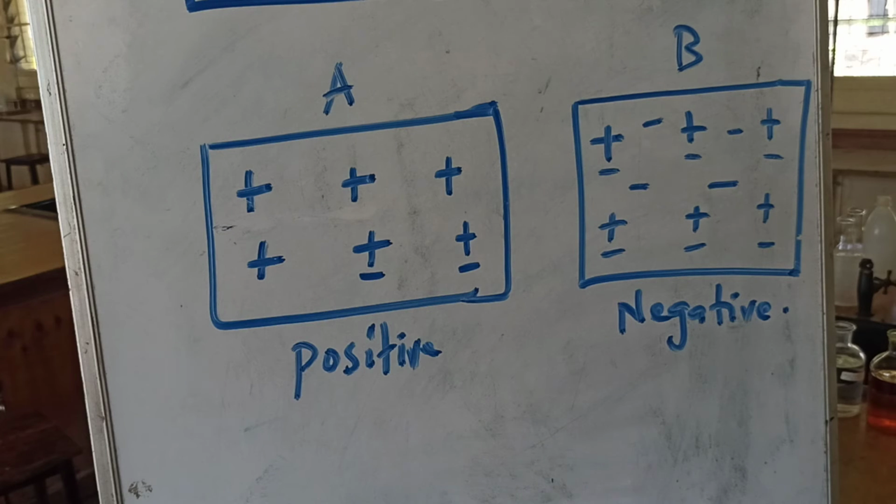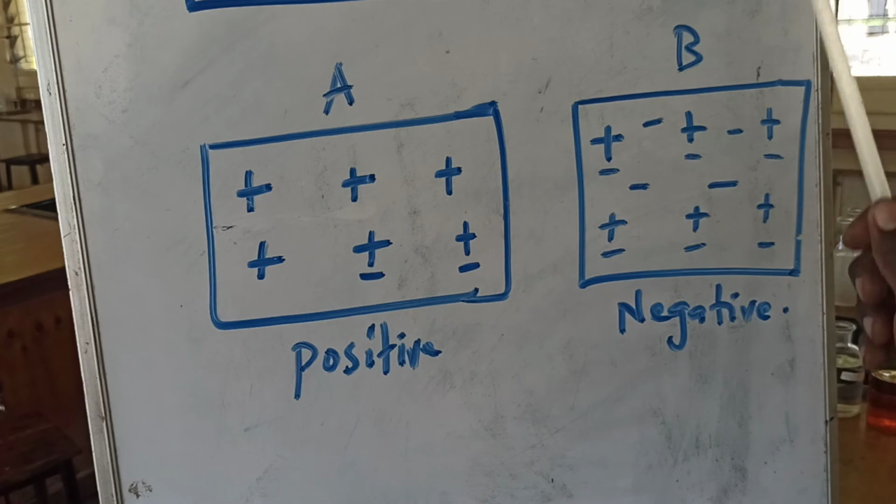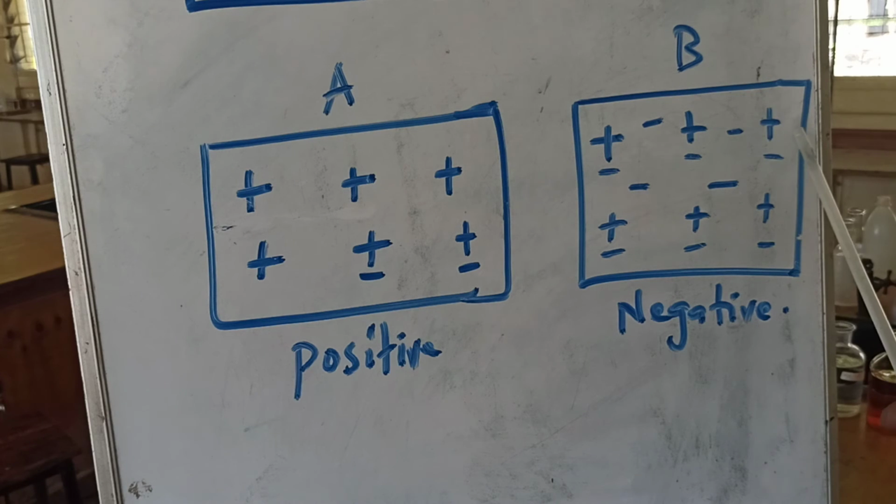No. It only means the number of negative charges far exceeds the number of positive charges. Like here, we can see the number of negative charges is 10, while the number of positive charges is 6. So this material becomes negatively charged. Make sure you remember that point.